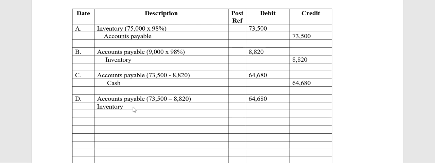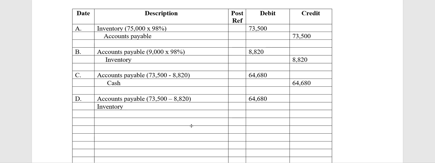When we're looking for how much we're going to increase our inventory account by, we have to look at the gross values. Originally we purchased inventory that in total cost $75,000 in gross value. We returned $9,000 worth of inventory in terms of gross value.